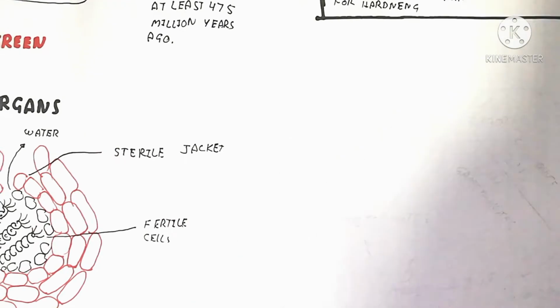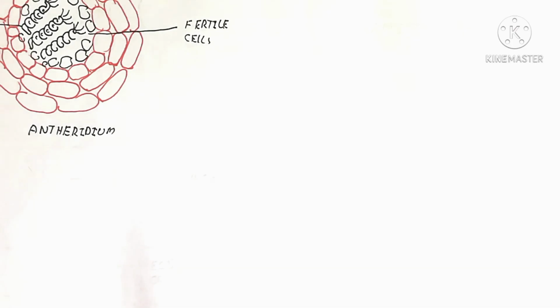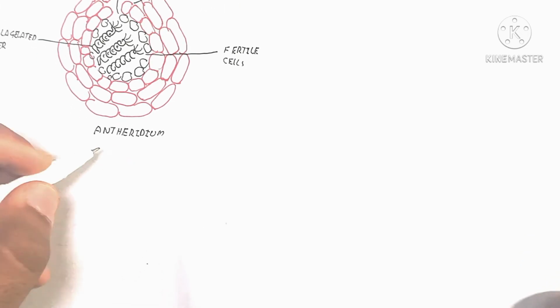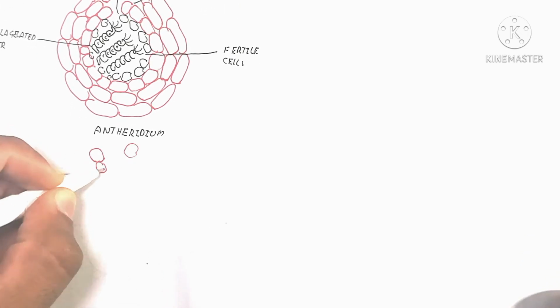This is known as chemotactic movement, the movement of sperm toward the archegonium. So archegonium releases the attractant chemicals which are used for attraction.